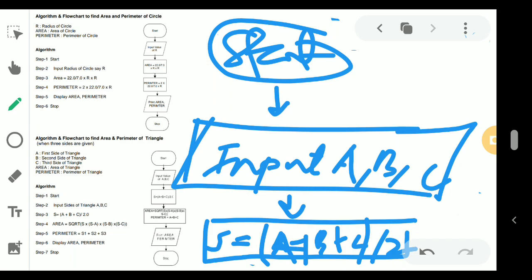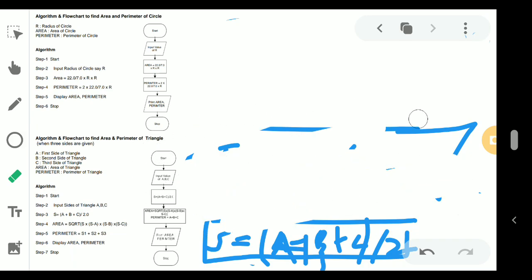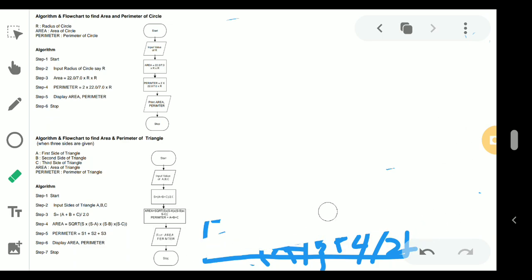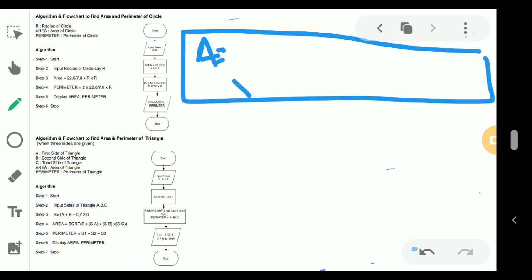Next we calculate the area. After the data flow, I am writing A in a process box: A equals root of, but root cannot be given in coding. What we write instead is SQRT, a function for finding the square root.